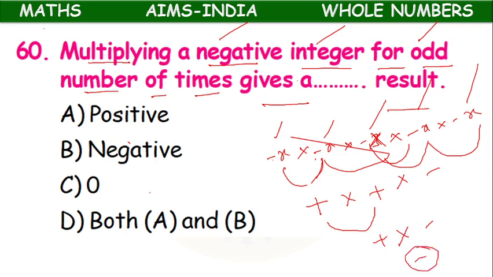So ultimately we get a negative integer. Whenever we multiply a negative integer an odd number of times, we get a negative integer as the result. If we multiply an even number of times, we get a positive integer. So option B is the right answer.